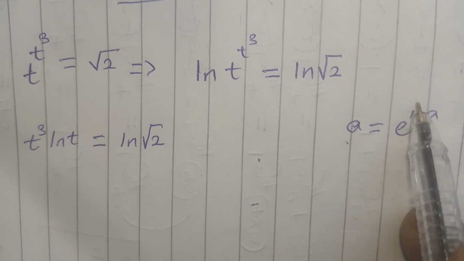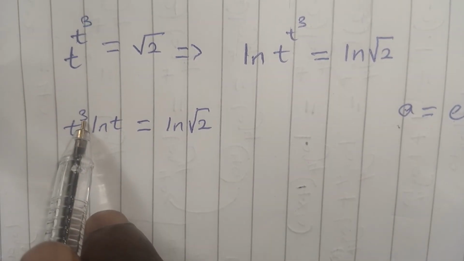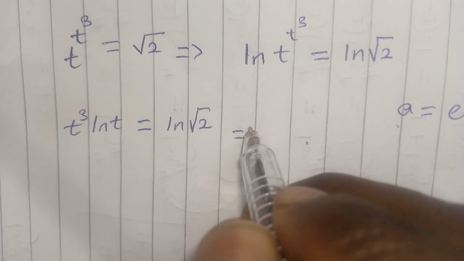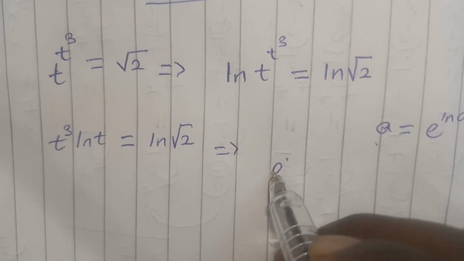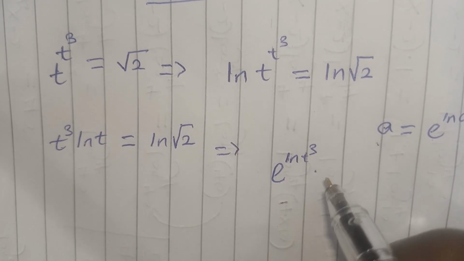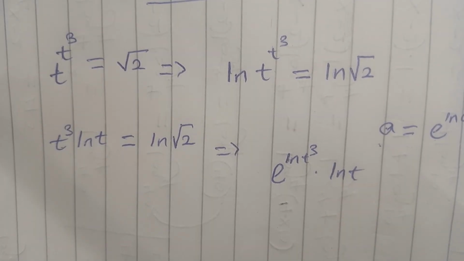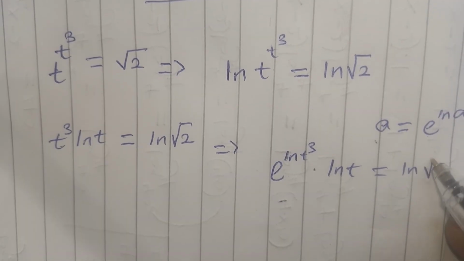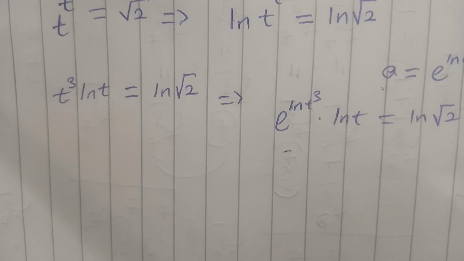If we put this through at this t to the power of 3, we are going to have exponent of ln of t to the power of 3 times ln of t, which is equal to ln of root 2. So this is what we are now having.